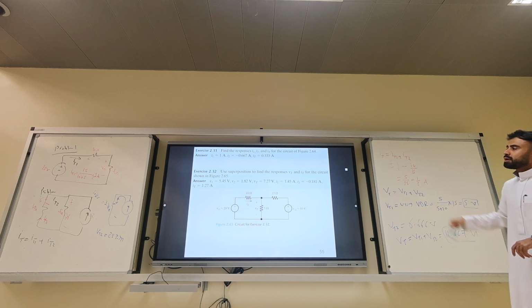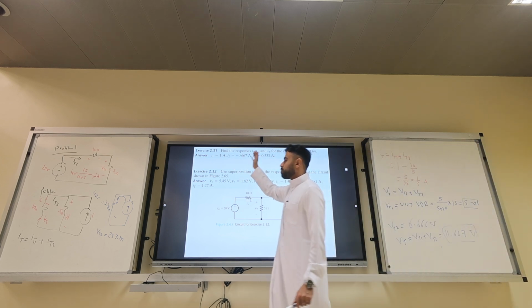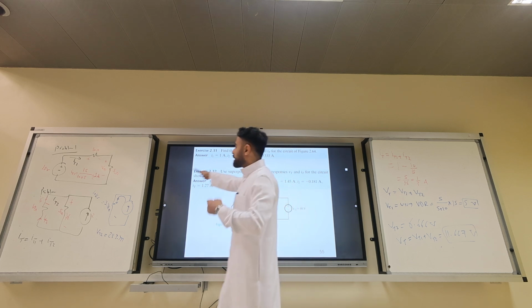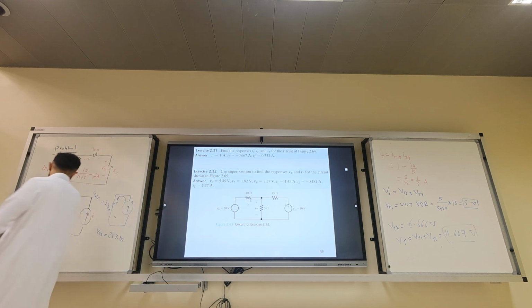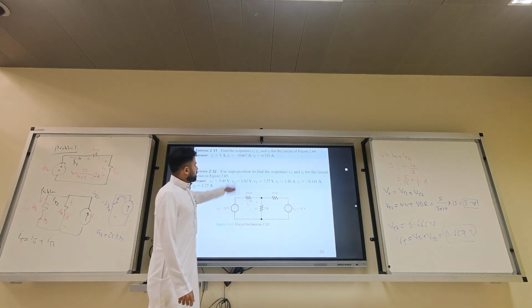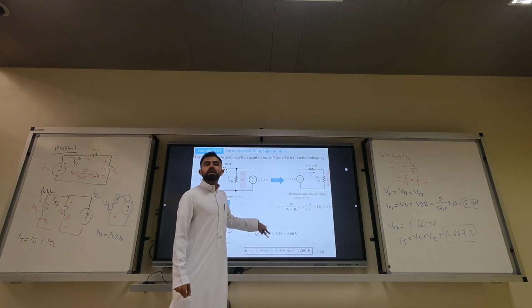Third. Now he also asked for what is I1, what is I2. We already calculated I2 in that circuit, which is IT2. Well, I1 and I2 are IT1 and IT2.